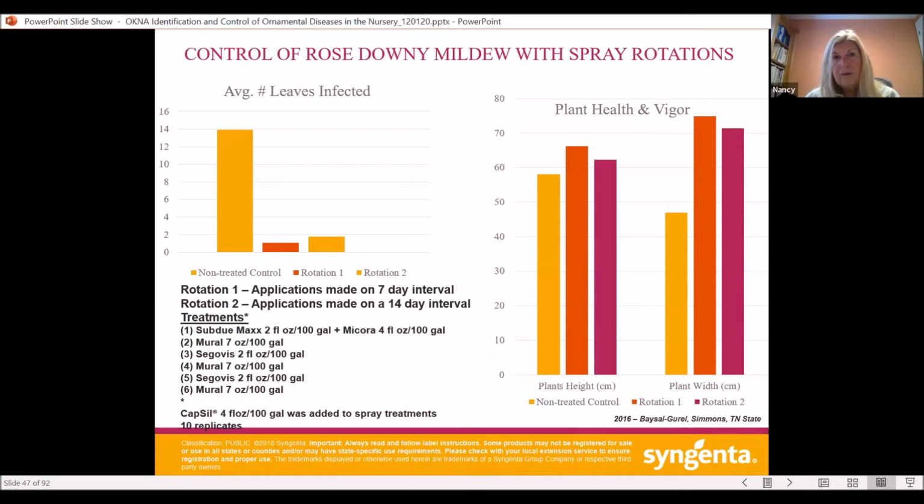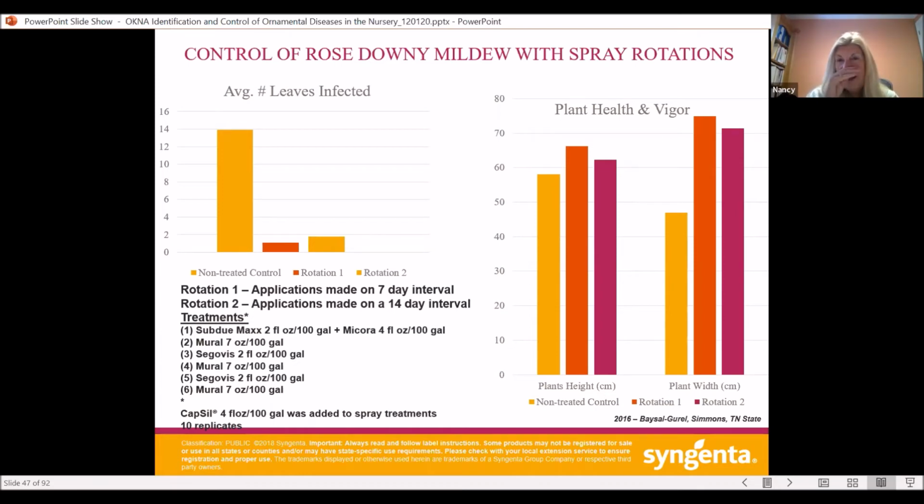You should note that if you're using Subdue as a spray, you have to mix it with another fungicide that does have activity on downy mildew. So you can mix it, we mixed it with Macora. You can mix it with a Mancozeb product, that's fine. Adorn has the same labeling on that label, and that is really for resistance management purposes.